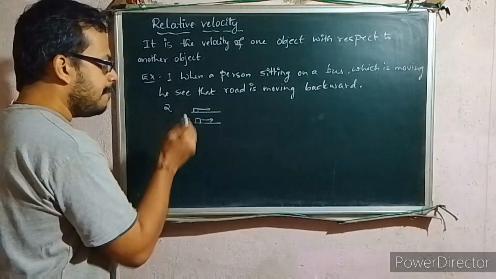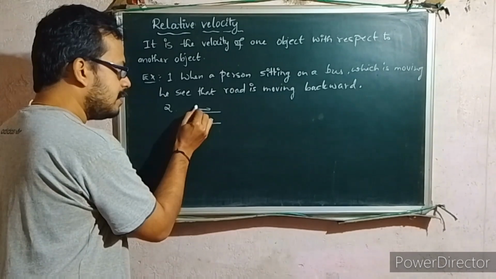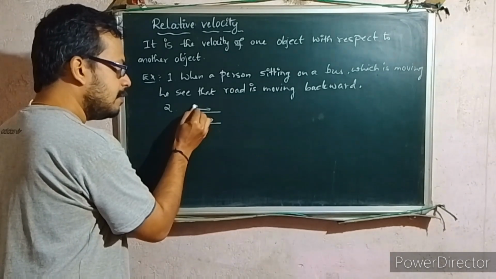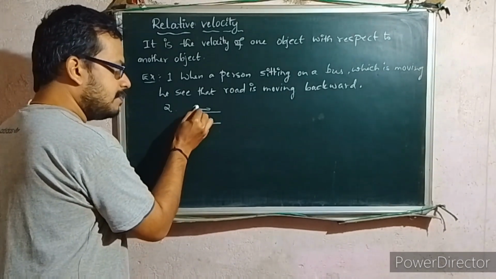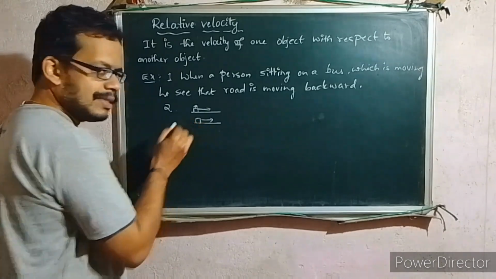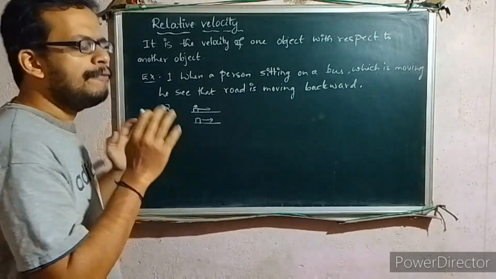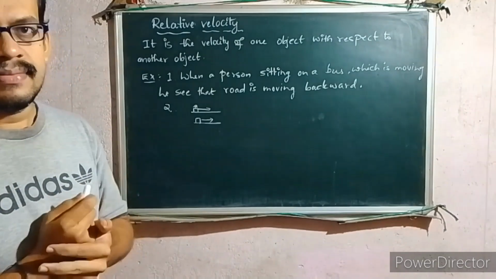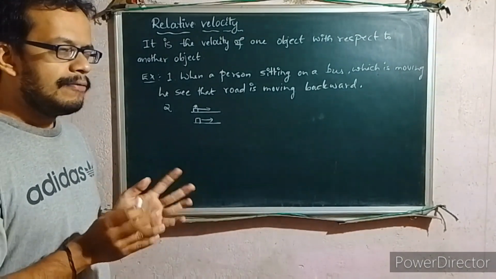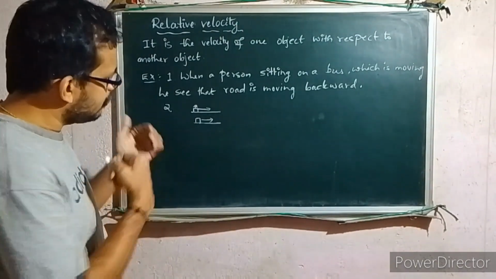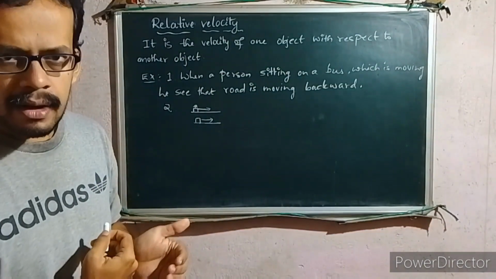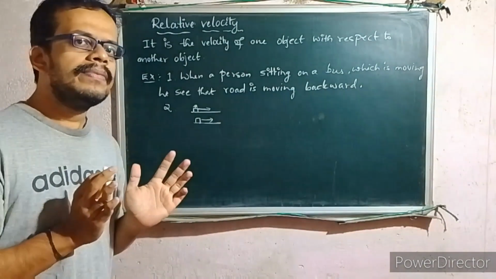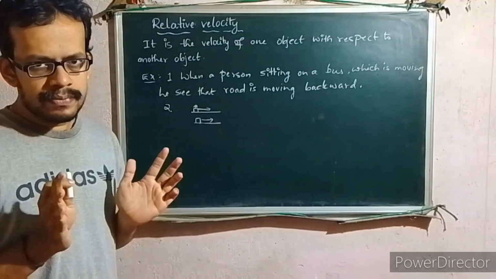Then if a person is sitting on any one train, person observes the other train, he feels that the other train is at rest. Actually, for us, when we see both the trains from outside, we feel that both the trains are moving.